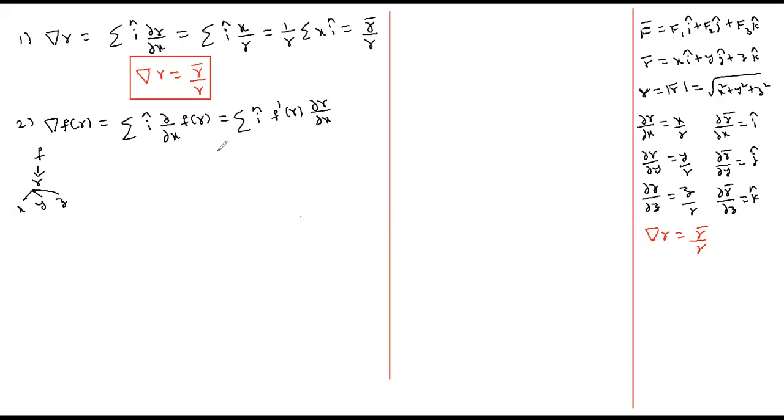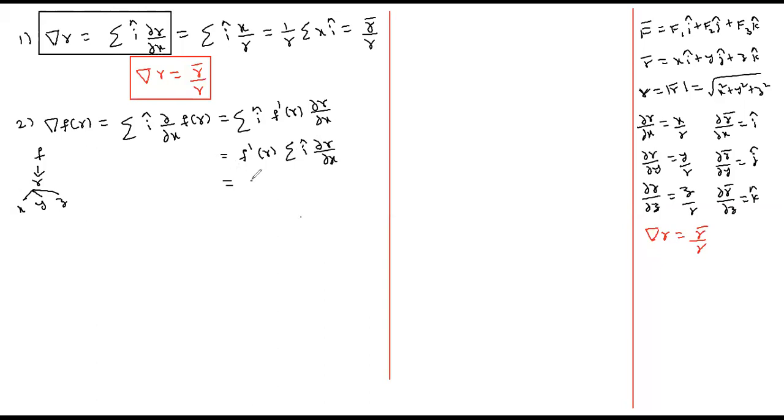So which one can I take out? Which one is common in every term? f dash of r. So f dash of r into sigma i bar dou r by dou x. Now what is sigma i dou r by dou x? Sigma i dou r by dou x is nothing but del r, the gradient.